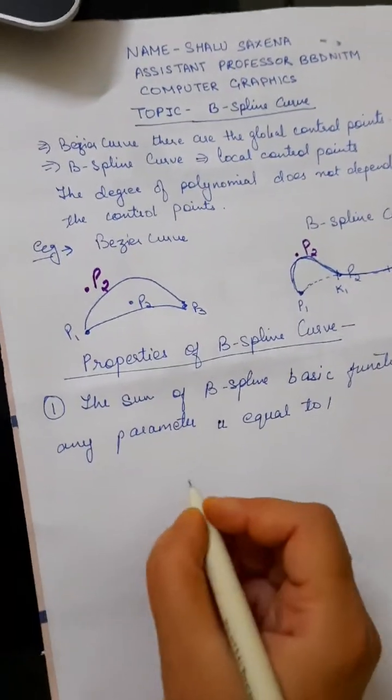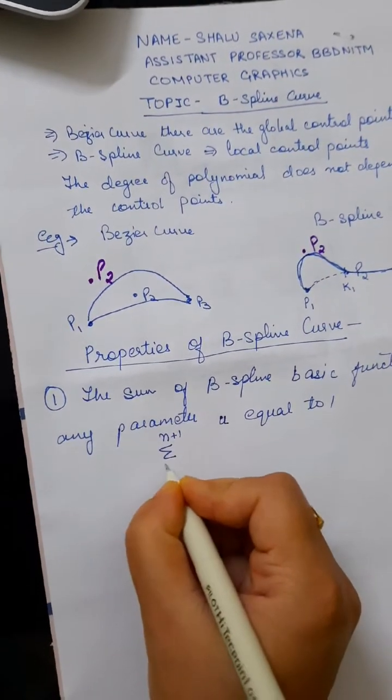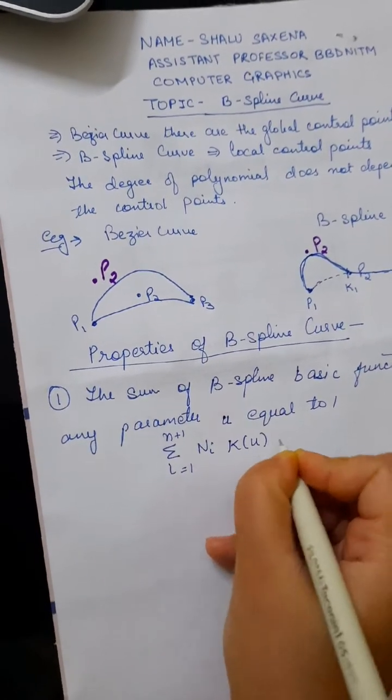So here is the sigma, i equals 1 to n plus 1, N i,k of u equals 1.